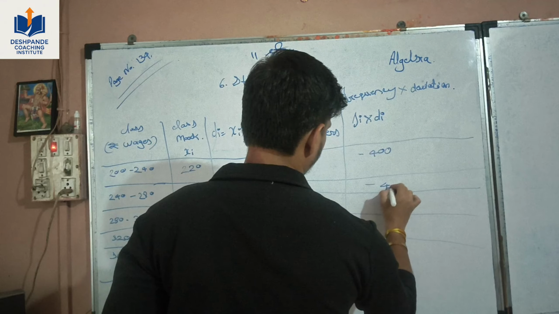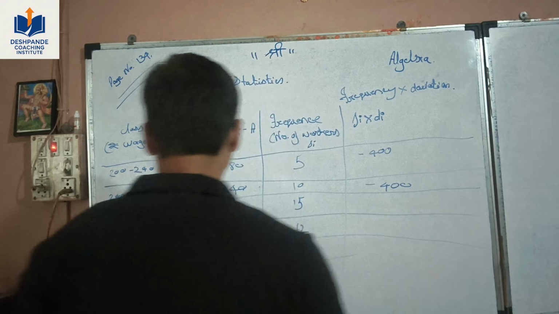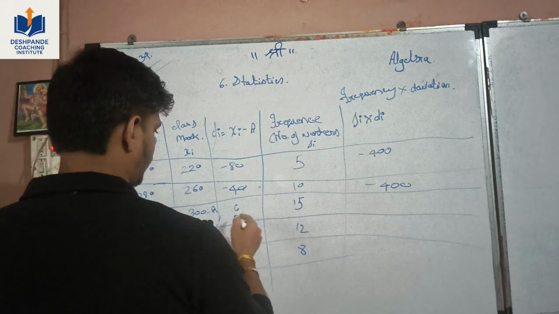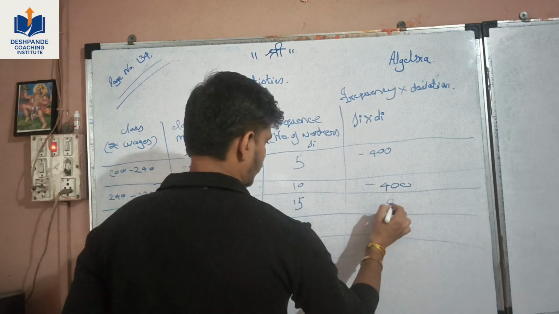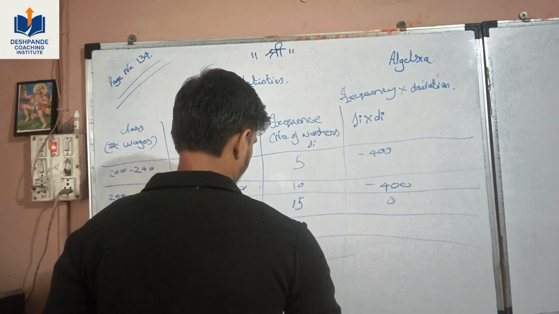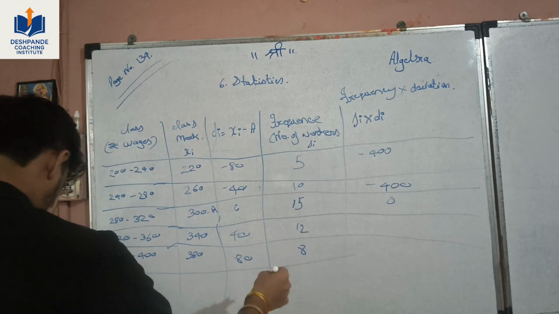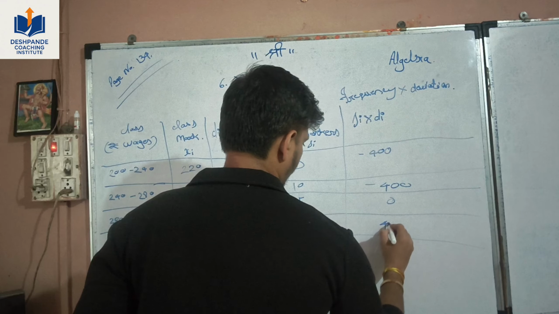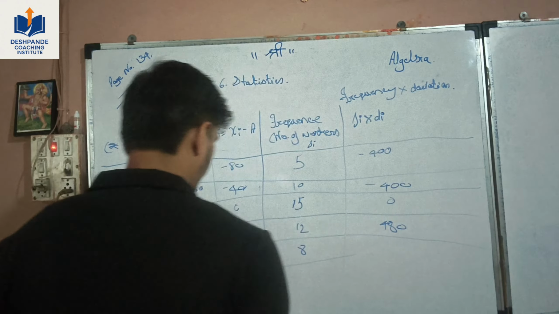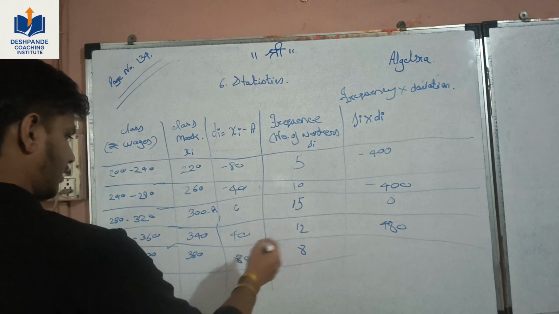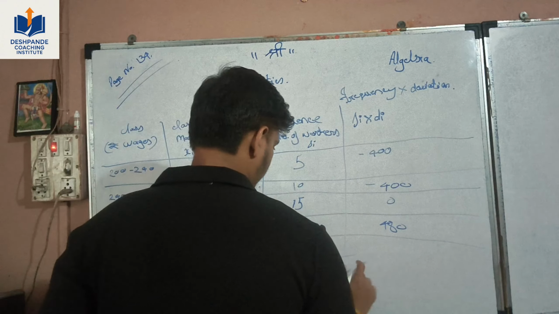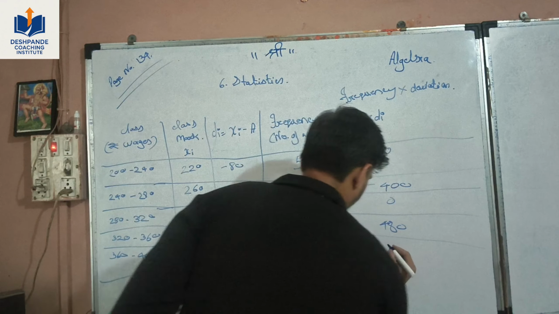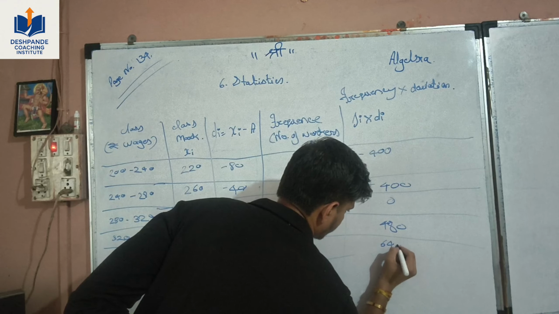Don't forget to give the sign of minus. So 15 into 0 is equal to 0. So 40 into 12 is equal to 480, and this will be in positive sign. 480. So 80 into 8 is equal to 8 8s are 64. So it will be 640.